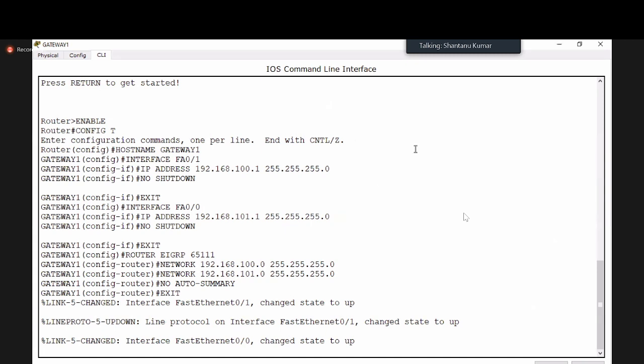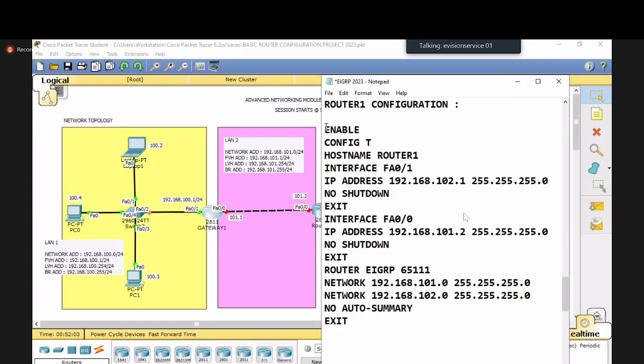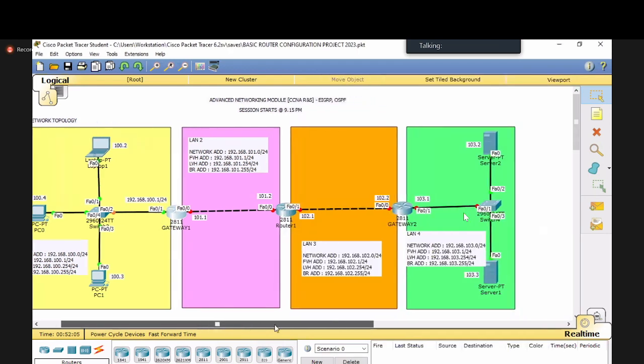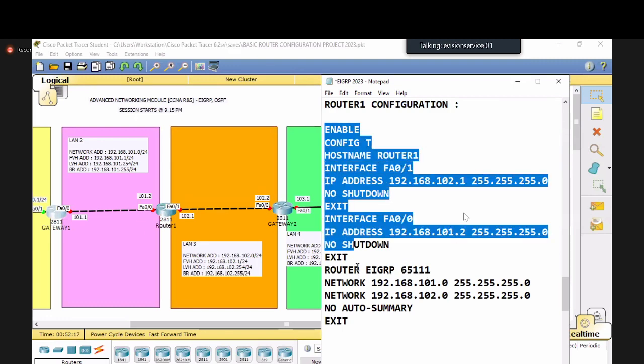Now going to router 1. So that is your router 1. Enable, config terminal. Router 1 is correct. 0/1 is having 102.1. 0/0 is having 101.2. Okay, all these things are correct.